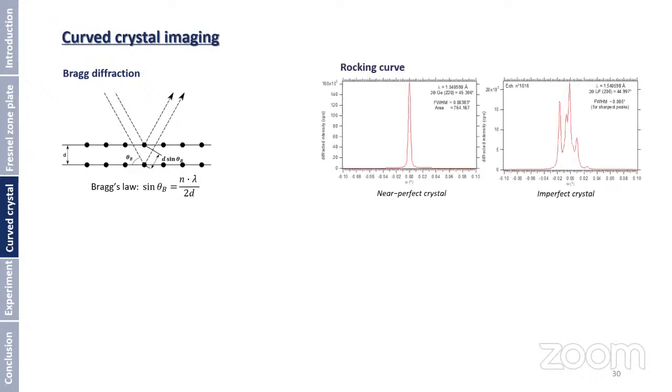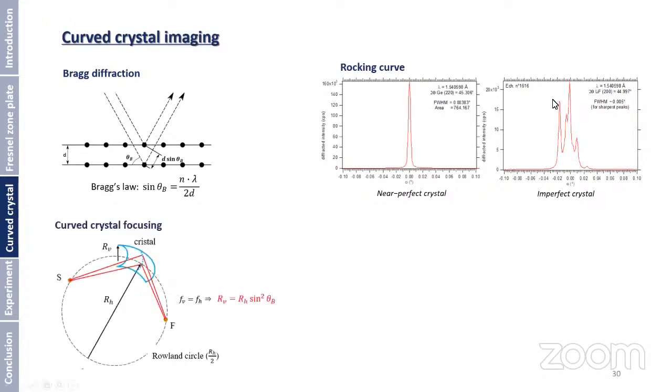The plot of the crystal diffraction response along different incident angles is called the rocking curve. For a perfect crystal, the rocking curve is a sharp peak. And for an imperfect crystal, the rocking curve contains several peaks with a larger width.